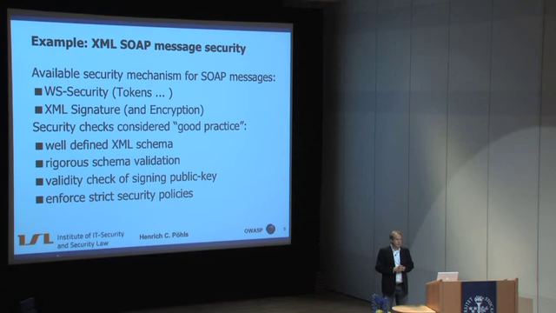And last but not least, there's something like WS security policies, which allow an application to specify which parts of a SOAP message need to be secured, either signed, encrypted, or both. And you should also, in these security policies, the application should also state what exactly it wants to be secured.